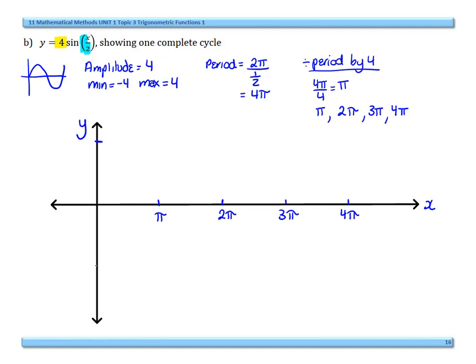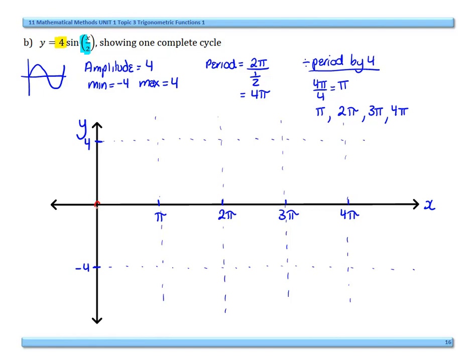My amplitude is 4, so from 4 to -4. Again, if it helps, draw in lines to give you that max and min, and if you need to, draw in a grid with your x-axis. Now go back to our basic graph.